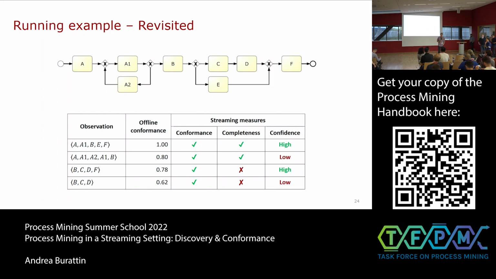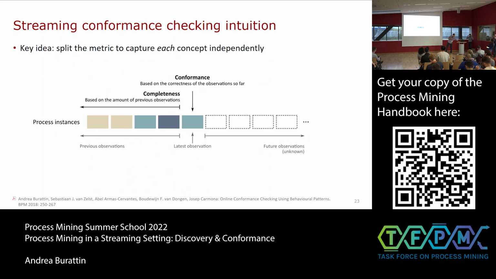And also for the confidence, for example, for the comparison between the second one and the third one, why is the third one high confidence and the second one low confidence? Because the confidence is looking at the future. The completeness is with respect to the previous observations, the confidence is with respect to the future.